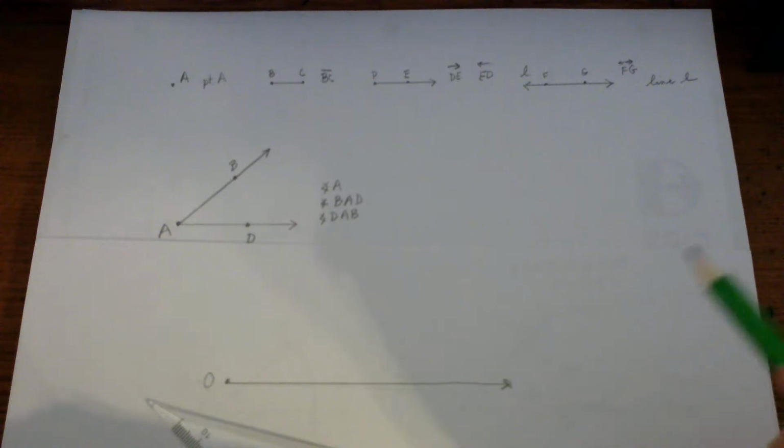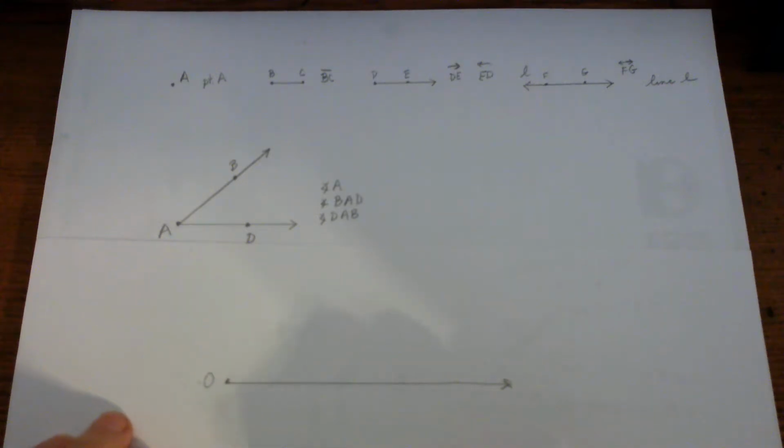So I could make an angle here of any size by using another ray, but I want to construct an angle congruent to angle BAD. So the first thing that I'm going to do is cut an arc on angle BAD.